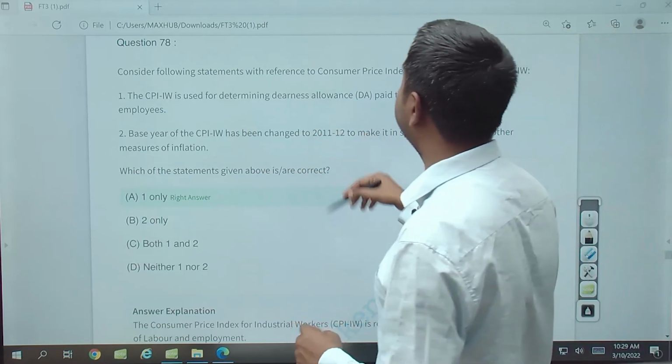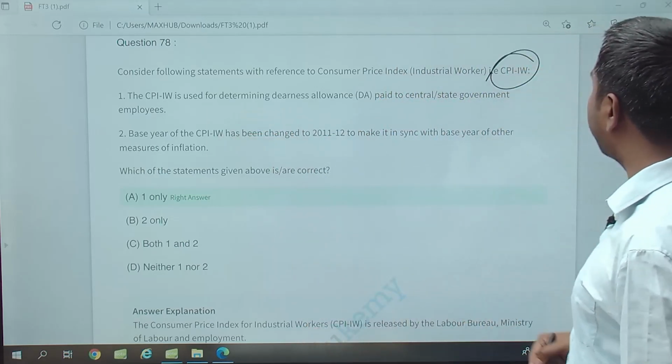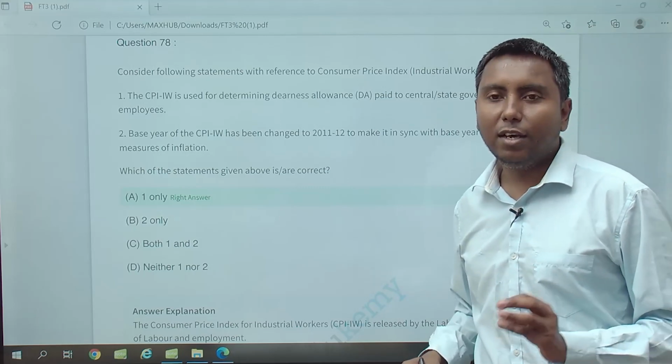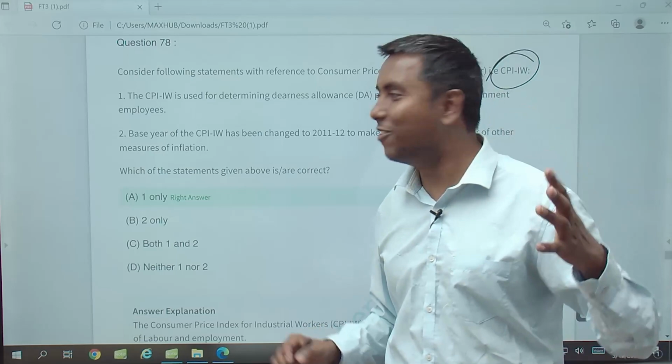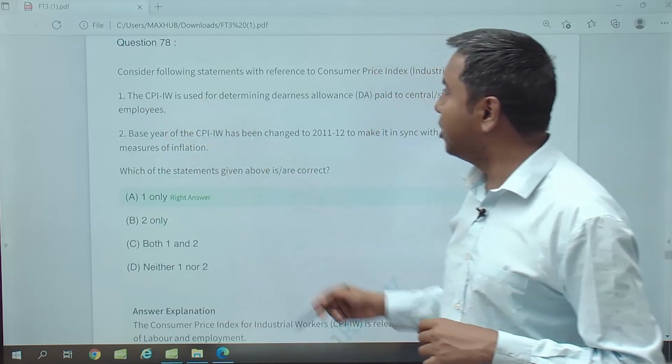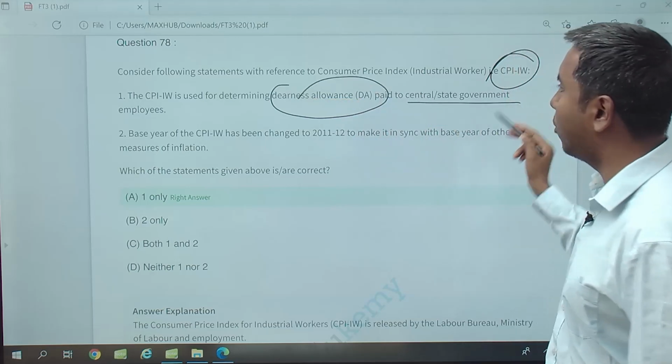Now question number 78. Consider the following statements with reference to the Consumer Price Index for Industrial Workers. CPI industrial workers has been in the news because of its change in base level. Now first, CPI industrial workers is used to determine the DA allowance paid to central government employees.